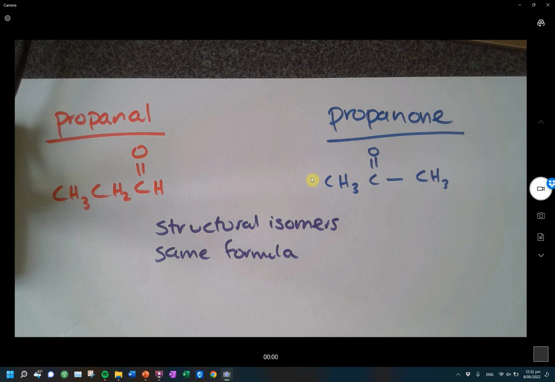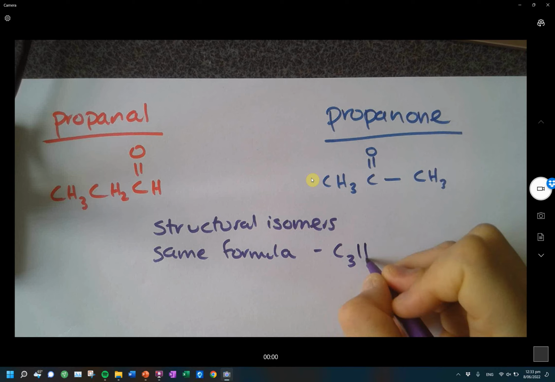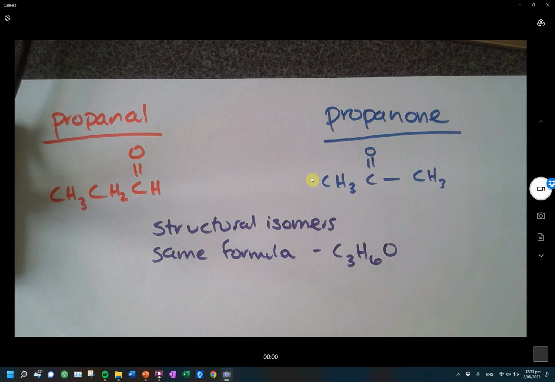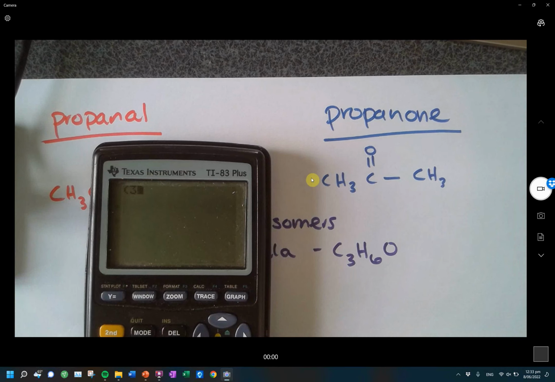So if I was to check the atomic mass of both of these substances, let me grab my calculator. So with that same structural formula, it would be C3H6O. They all have that. If I want to translate that into the mass of that molecule, I have 3 times 12, because mass of carbon is 12.